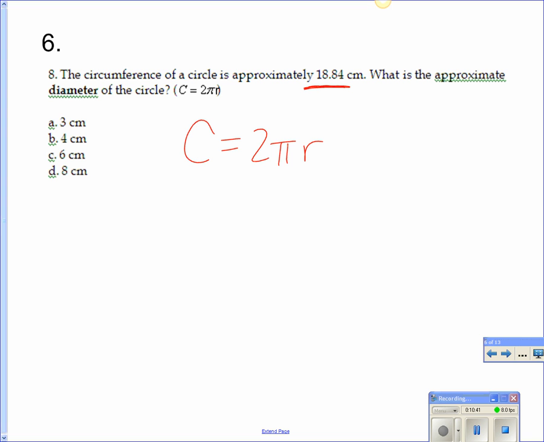So I have to put 18.84 over here. I'm going to drop down my 2, drop down my pi, and I'm going to look back up in the problem. Did they tell me the radius? Did they give me any other numbers to plug in? No. So I'm going to put an R.